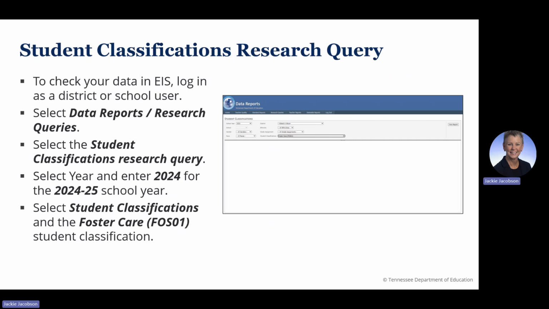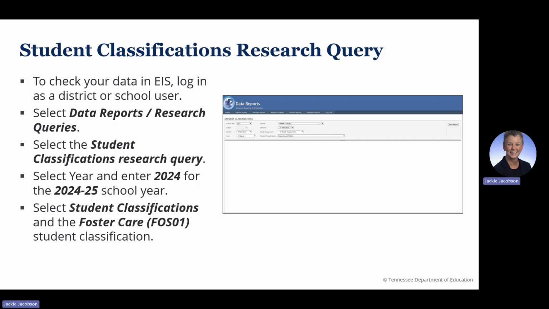Let's talk for a moment about Student Classification's research query. To check your data in EIS, log in as a district or school user. Select Data Reports, Research Queries. Then select the Student Classification's research query. Select Year and enter 2024 for the 2024-25 school year.